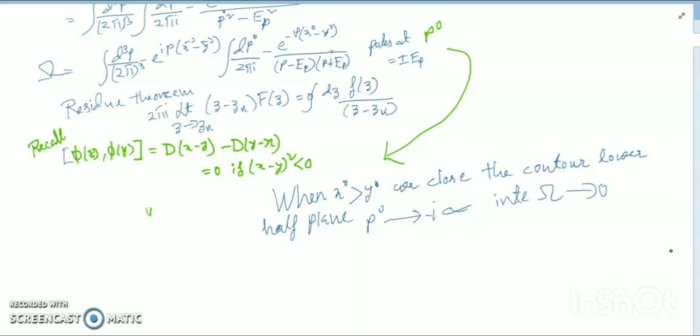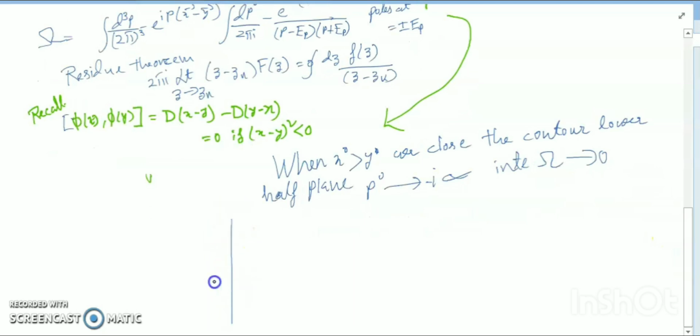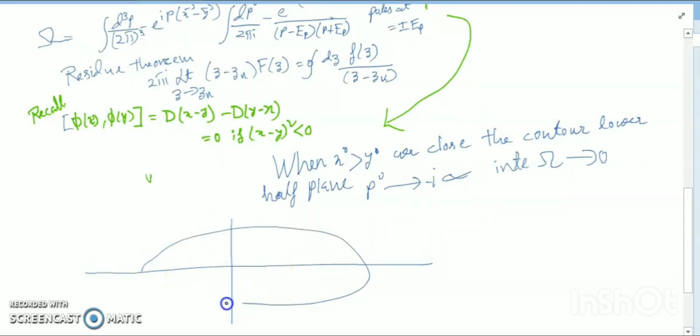We will consider the contour that includes both poles and closes down. This gives us the retarded propagator. This way we can get the contour. This is my contour, and these are my points, Ep and minus Ep, and this way and this way.